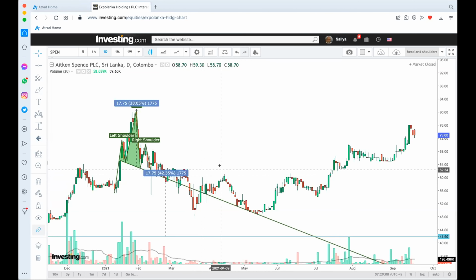Then it throws back to confirm the resistance from here. Once the breakout takes place, it becomes once again a support.